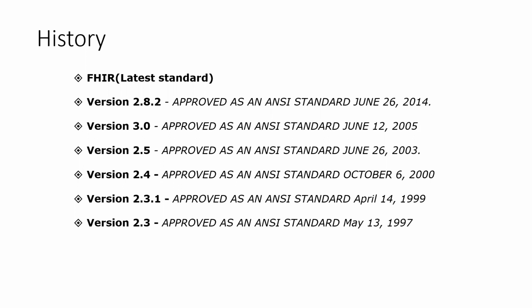HL7 V2 and V3 are not designed to solve that particular problem. So that's where FHIR has come into play. FHIR is the latest standard, which was released in 2010. It is also managed and maintained by the HL7 organization itself, alongside V2, V3, CDA, and other standards that we have.